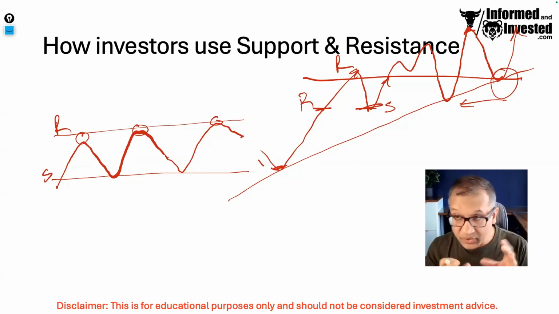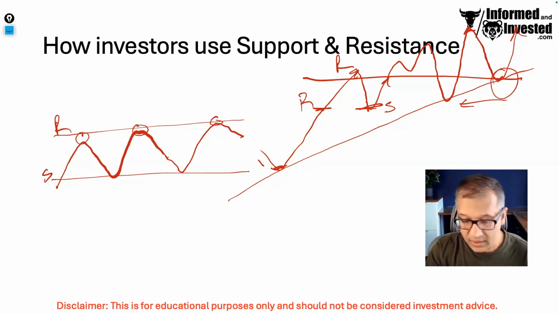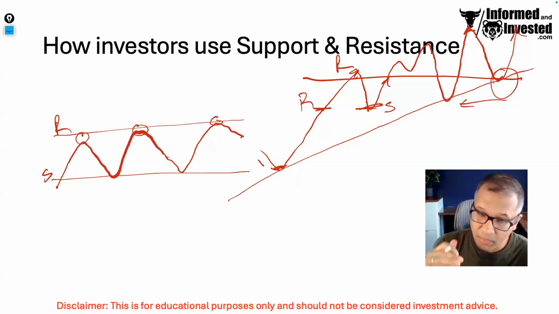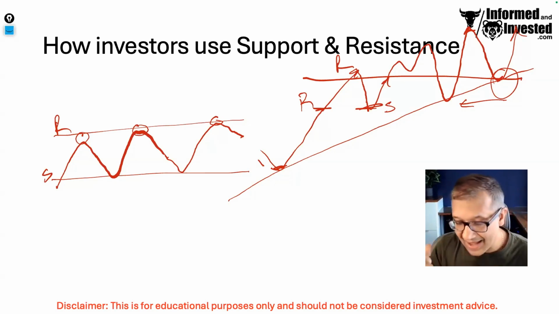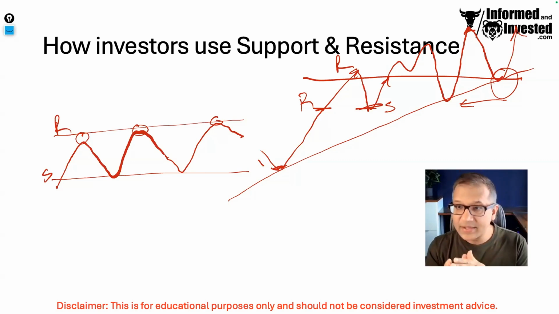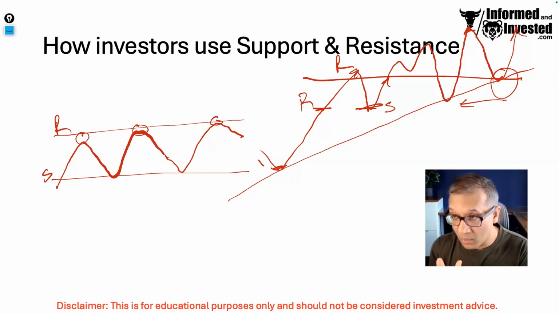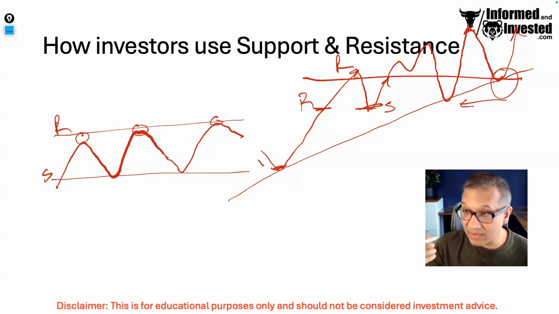These are things you'll start to notice when you play with the charts. A resistance level that coincides with a moving average's support becomes a strong support. It's very difficult to break that. If a stock goes below that, there's got to be very strong momentum.